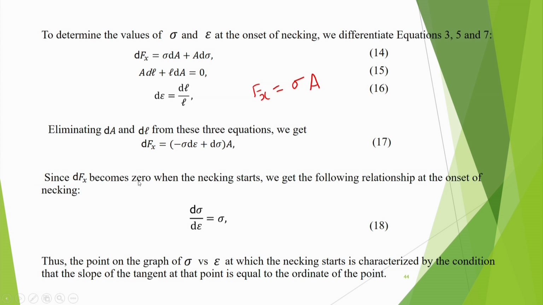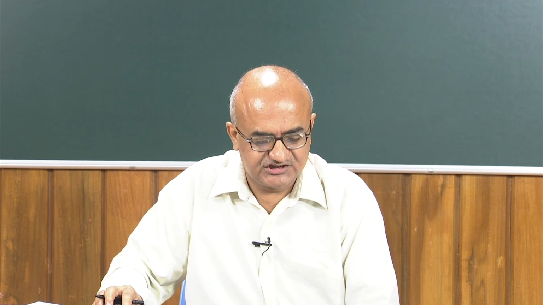Now, dFx becomes 0 when the necking starts. Why does it become 0? Because that is the peak. At the peak there is no slope, no? It is a continuous curve, you have reached the peak, there is no slope. We get the following relationship at the onset of the necking, that means d sigma by d epsilon is equal to sigma. That is the criterion for instability.